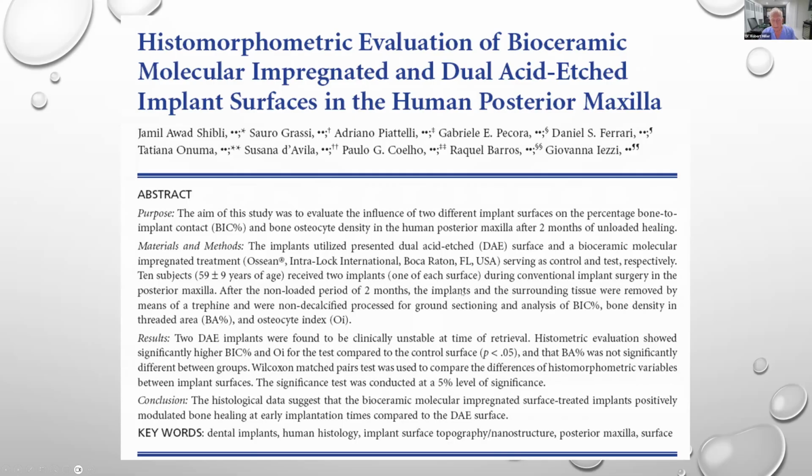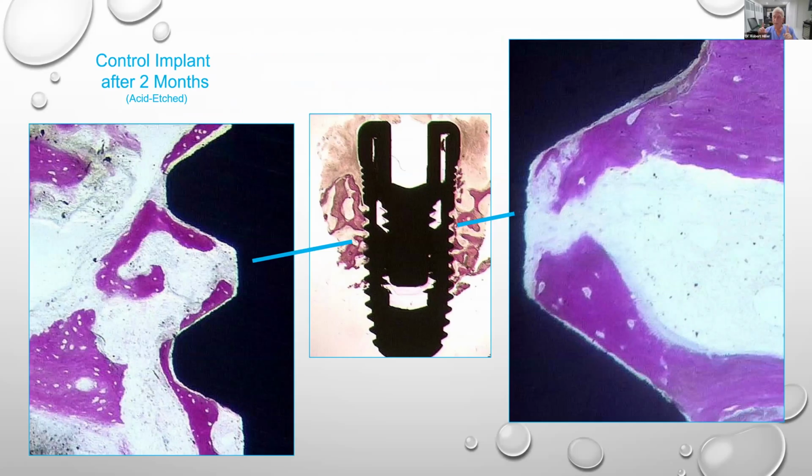What they did in Italy was full maxillary reconstructions with the proviso that 2 of those implants would be explanted at 2 months and looked at histomorphometrically. So we had 2 identical implants, one from the right side, one from the left side, all the way in the posterior. The only difference was one was just acid etched and the other one was acid etched plus had calcium infused into the titanium oxide surface.